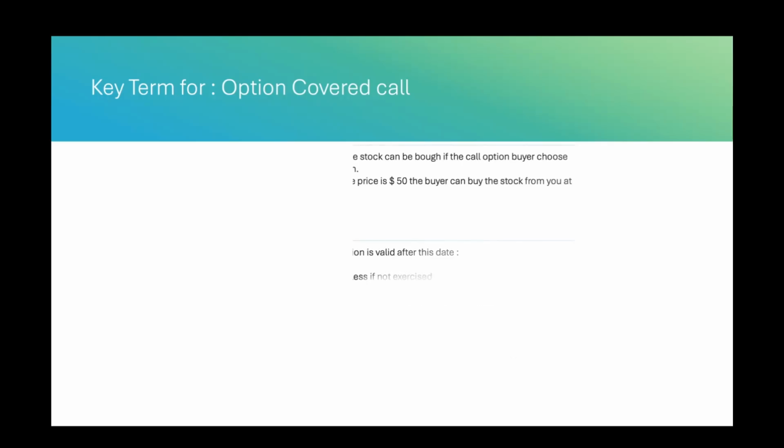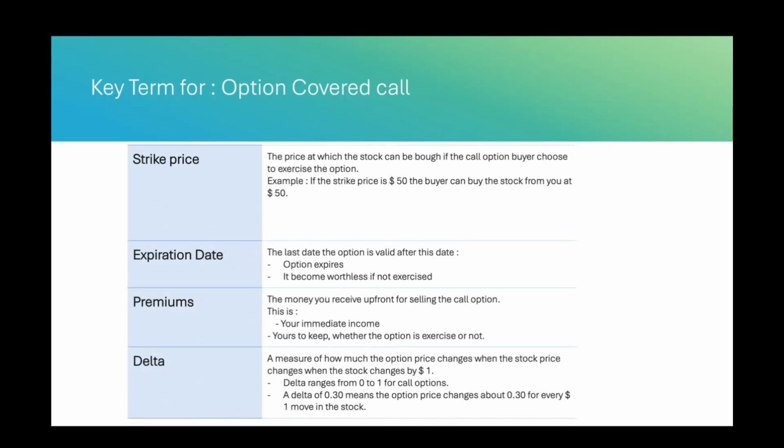Next, key terms for options and covered calls. I want to go through each key term that is important and that you definitely need to know, with some examples. So, strike price. The strike price is the price at which the stock can be bought if the call option buyer chooses to exercise the option.